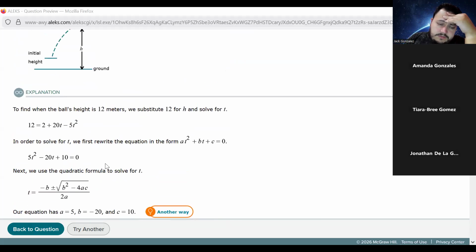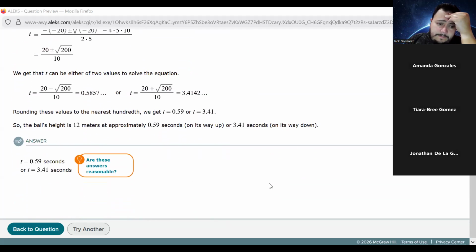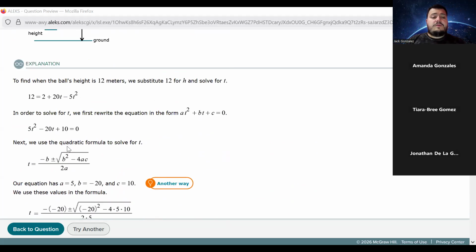Which makes sense because if you throw it upward, it hits 12, and then it comes back down and hits 12 again. So there should be 2 times when this happens, on the way up and on the way down. So you would give two answers. But I think the only new thing is set it equal to 12 and then solve for time. Does that make sense?